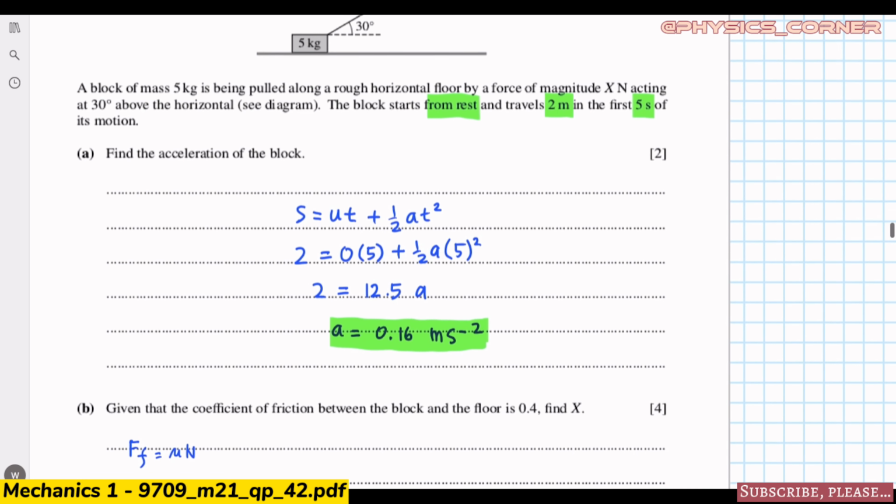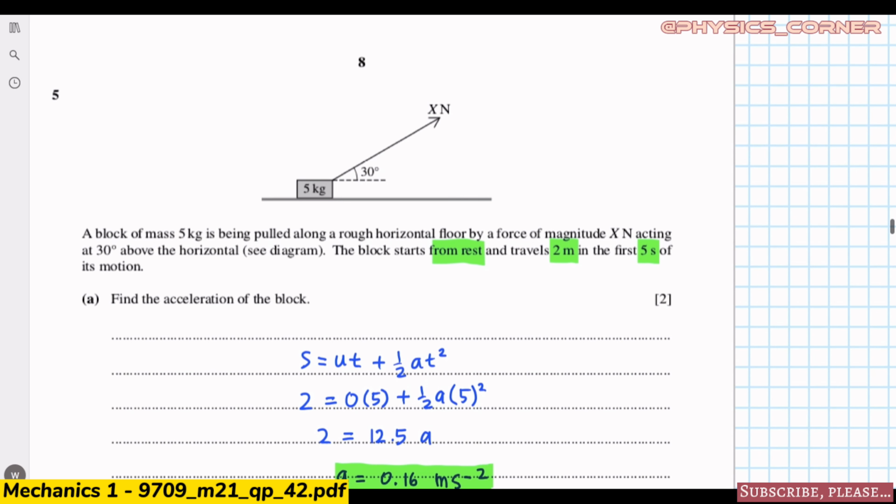Let's check again the normal contact force. Here we first draw the forces. In the x direction we have x cos 30, and in the y direction we have x sine 30 degrees, and we have mass times gravitational force, and the normal contact force.